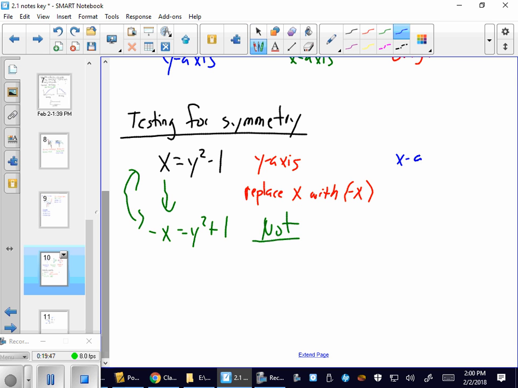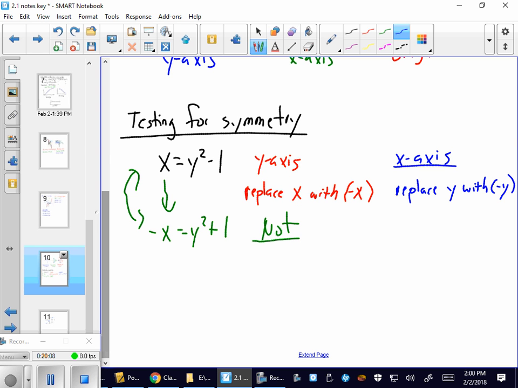Let's test to see whether it is symmetric to the x-axis. If we want to test x-axis symmetry, instead of replacing the x with negative x, now we're going to replace y with negative y. I'll show you why this is in a second, so I'm not just telling you what to do. Okay, so let's try that.